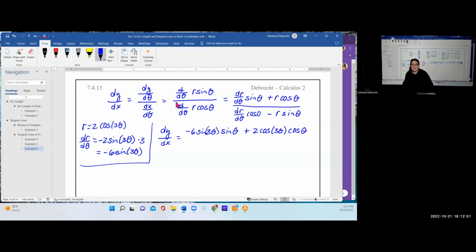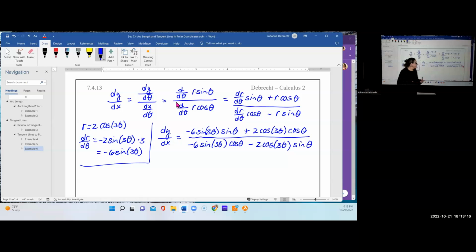Notice those do not have the same argument this time. All divided by dr/d theta, which is negative 6 sine of 3 theta, times cosine of theta, minus 2 cosine of 3 theta, that's r, times sine of theta.